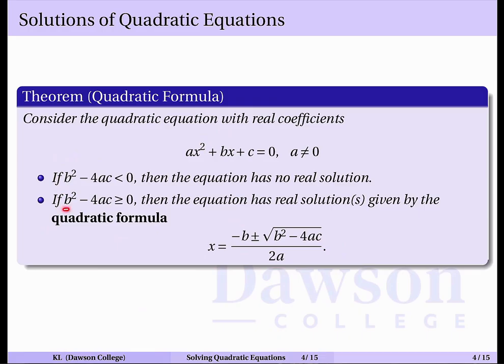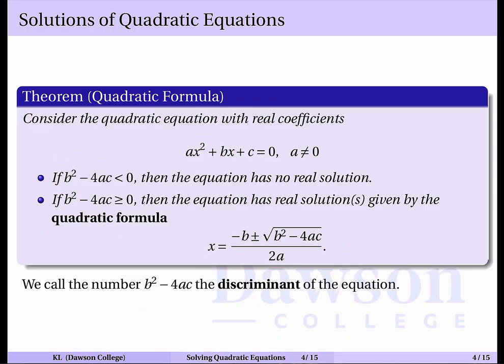Now we have been using this particular expression, b squared minus 4ac. It actually has a name. We call it the discriminant of the equation. So this means if the discriminant is less than 0, the equation has no real solution.